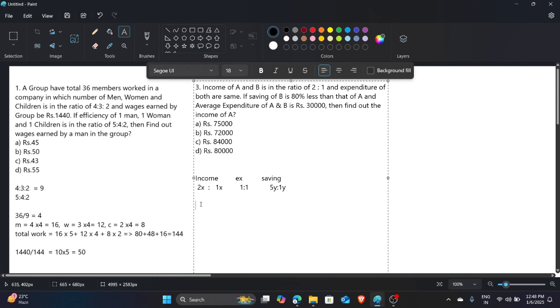Now if you subtract saving from income, then you get the expenditure, and it is nothing but this. And similarly here, 1x minus 1y is the same number you get.